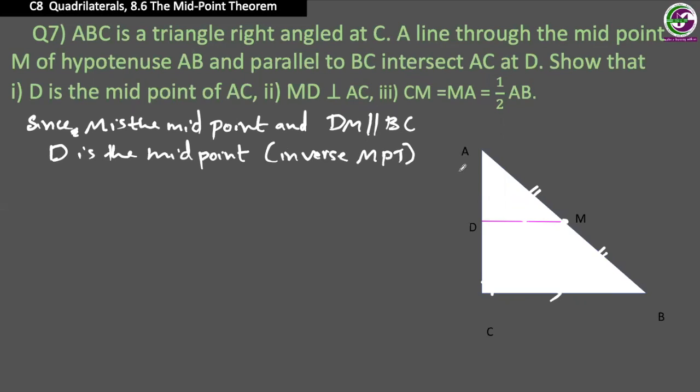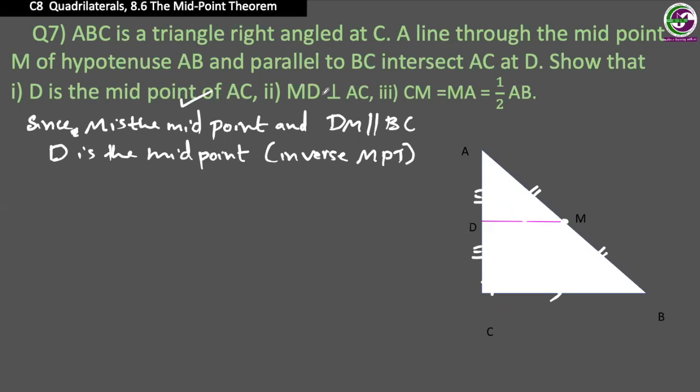What was the inverse midpoint theorem? A line joining the midpoint of a side parallel to the third side bisects the second side. So we found out that D is the midpoint of AC.